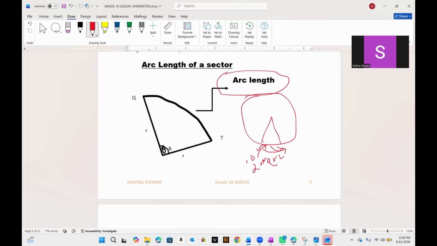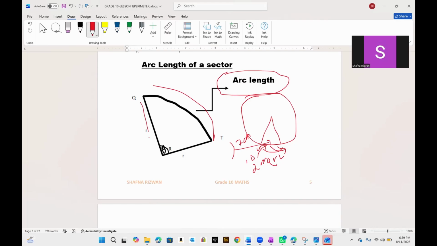Whenever you have an arc, if they give a length to this curve, like 7 centimeters, you call it an arc length.